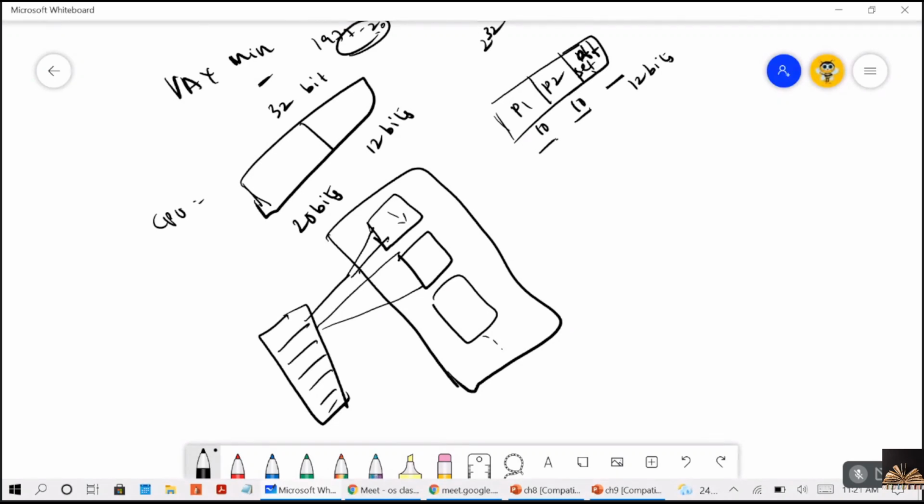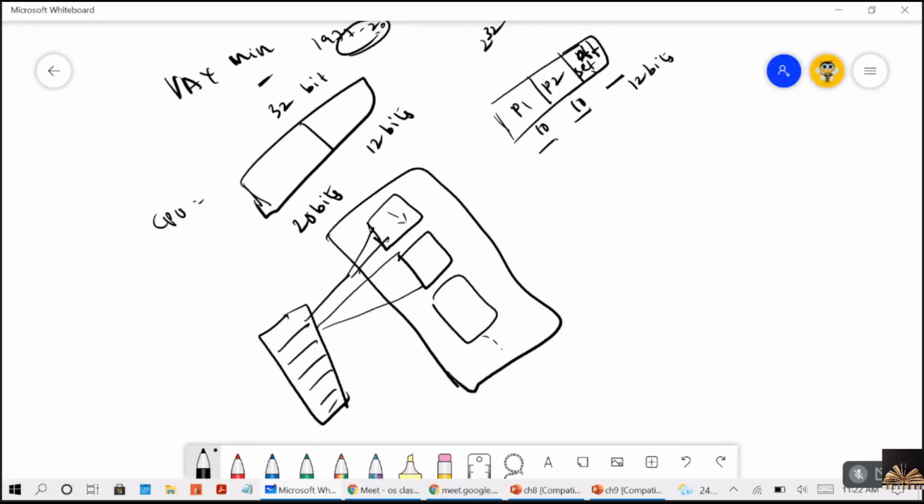I'll show you with an example by taking only 3 bits. One second, guys.